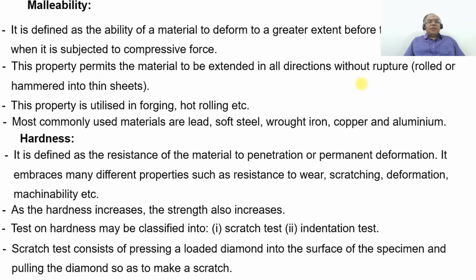This property is utilized in forging, hot rolling and so on. Most commonly used materials are lead, soft steel, wrought iron, copper, and aluminium.